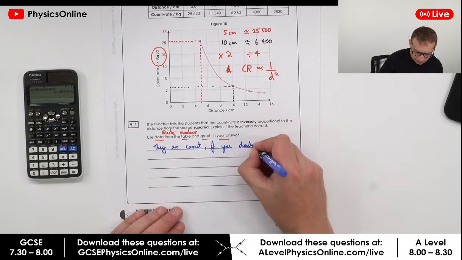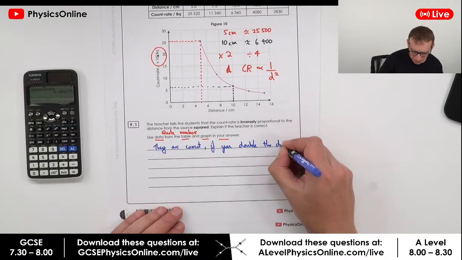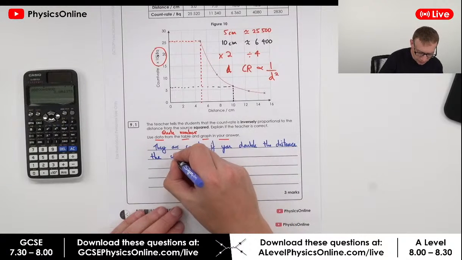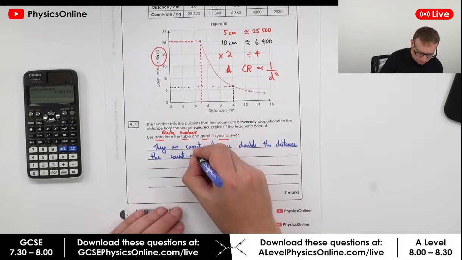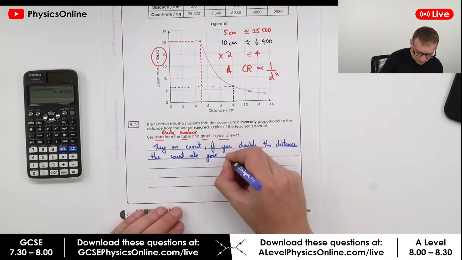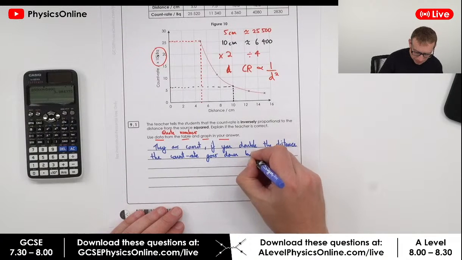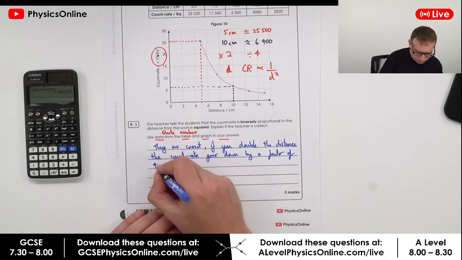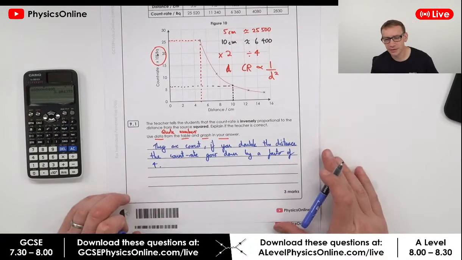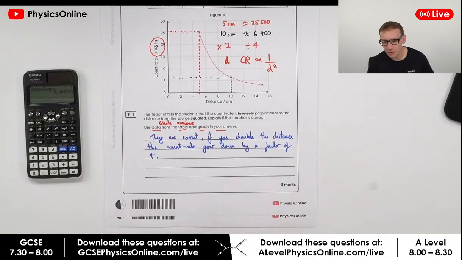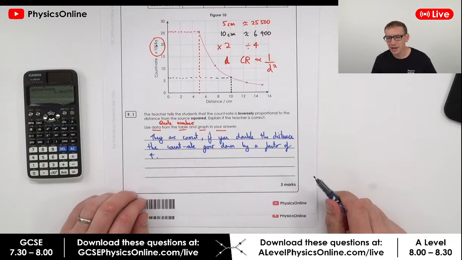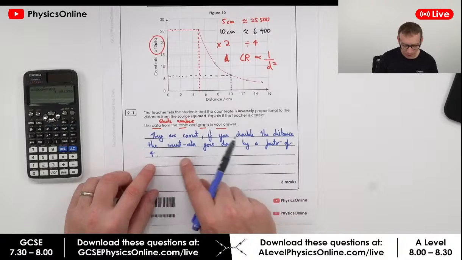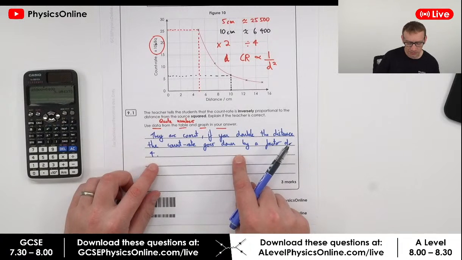If you double the distance, the count rate goes down by a factor of 4. And of course we needed to use data in that, and therefore do we need to know that proportional equations thingy for maths lessons? I'll come on to that afterwards. If you double the distance, the count rate goes down by a factor of 4.